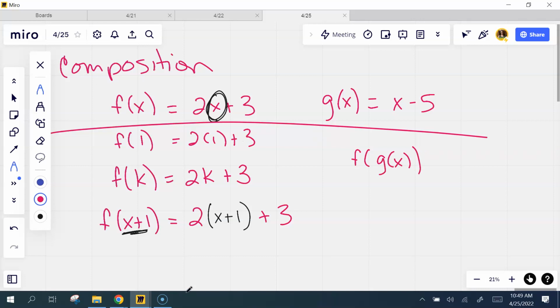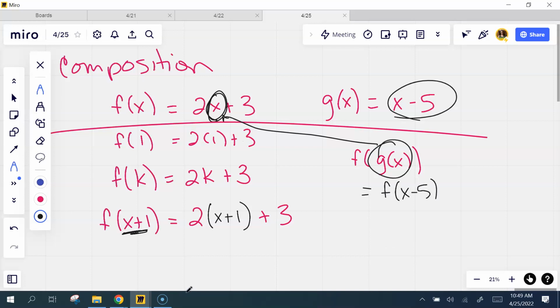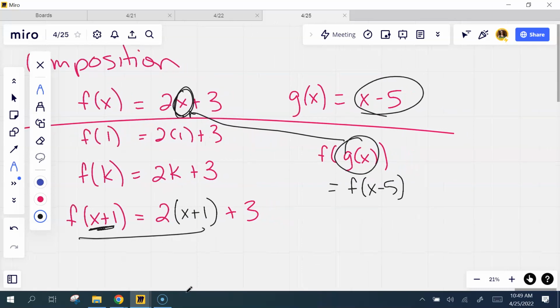What that's saying is take g and replace every x in f with whatever g is. Well, what is g? X minus 5. So this is the same thing as saying f of x minus 5, which is exactly what I did here. The point is that whatever is in parentheses is what's replacing every x.